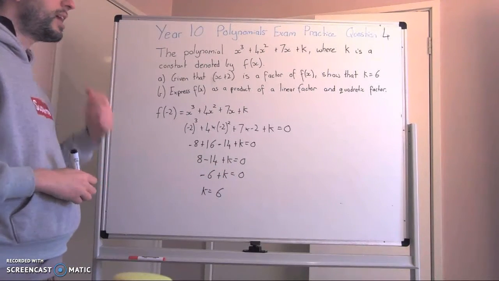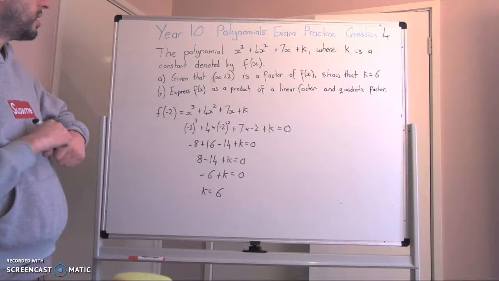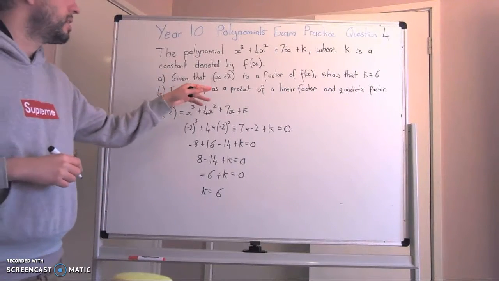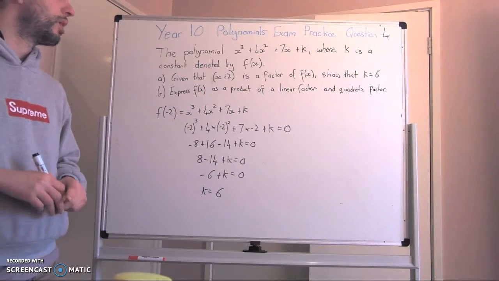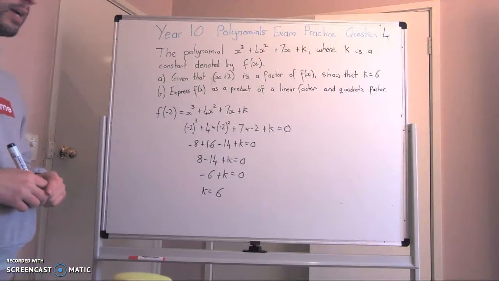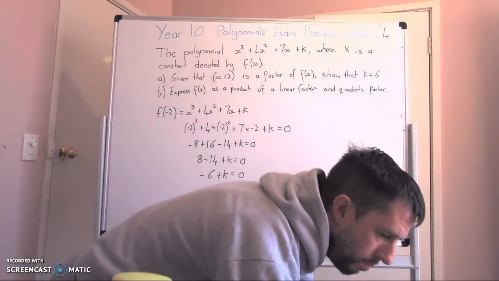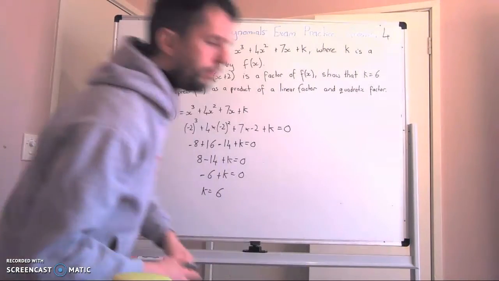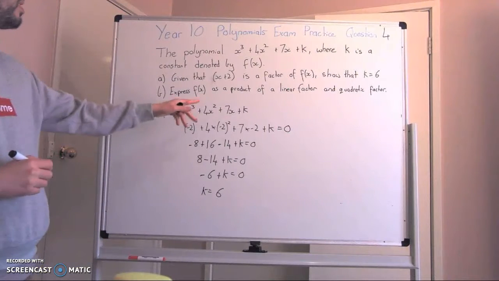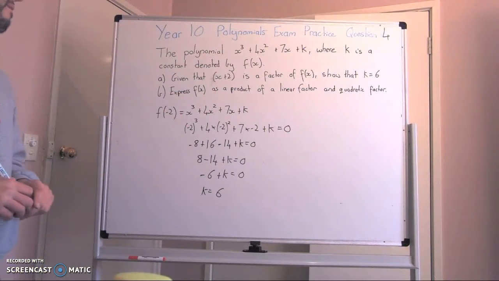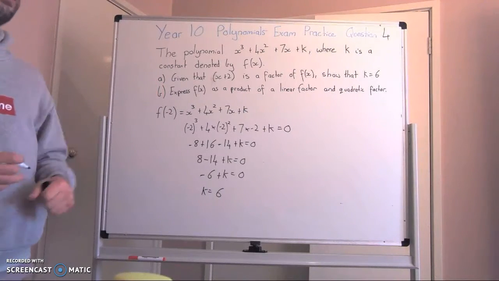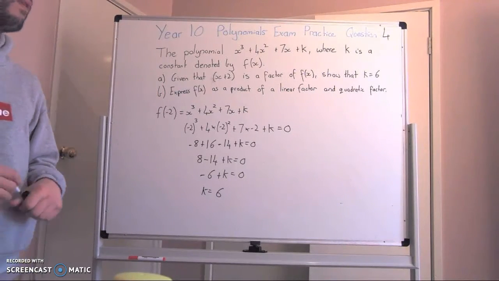So, the next thing that we are going to look at is the next part, where it says express f of x as a product of a linear factor and a quadratic factor. So again, the first thing I'm going to do here is use my understanding of long division.